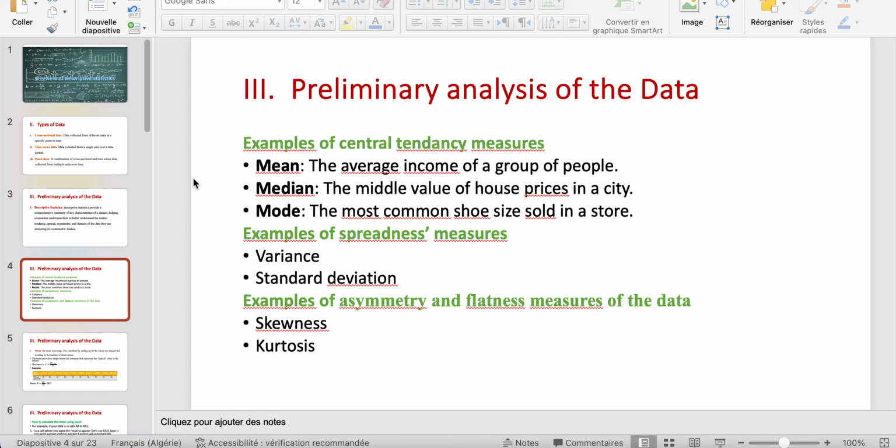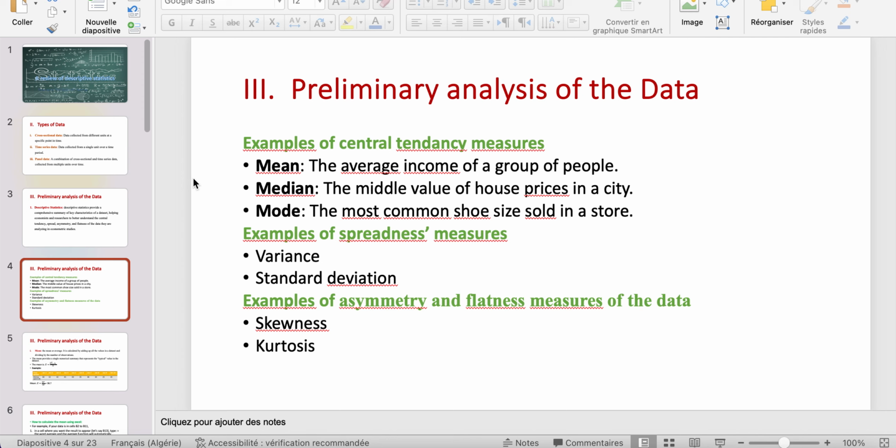The median is the middle value in a data set. For example, the middle value of house prices in a city. For example, we have the house prices in New York or in Paris, and we try to find the middle price.